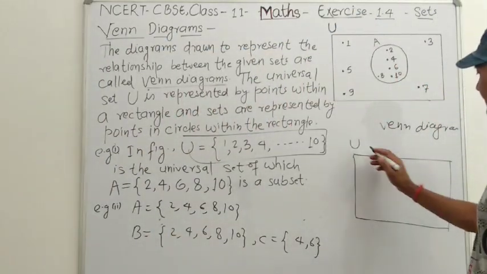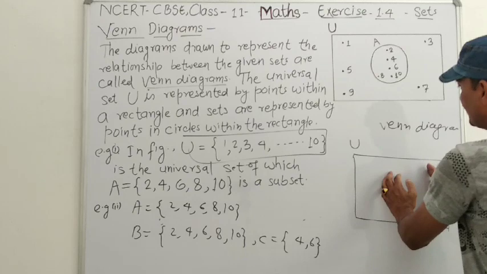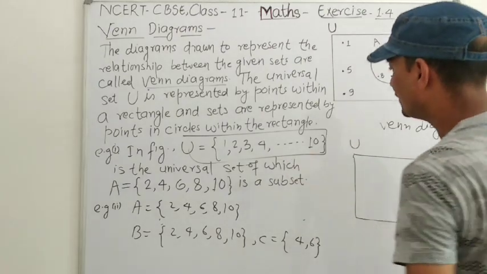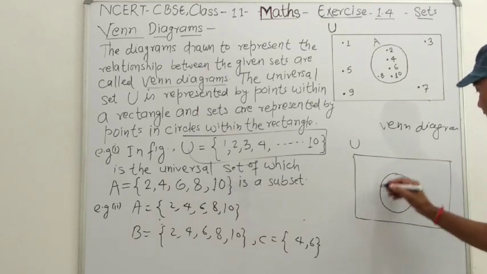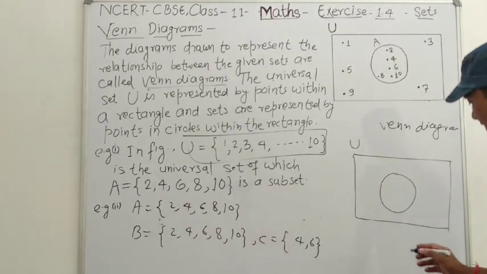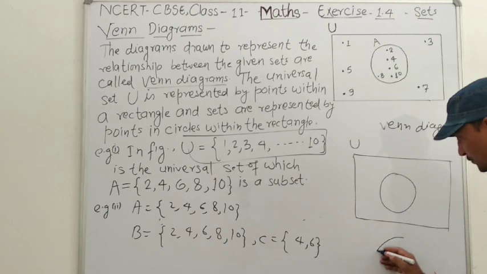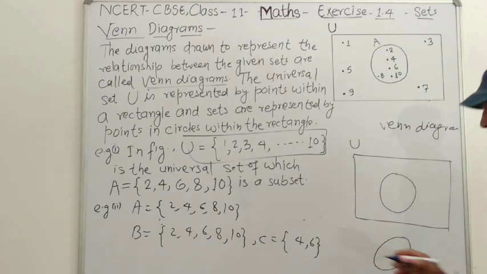So how to represent by Venn diagram? It is a rectangle, it is the universal set with all elements, and A is 2 4 6 8 10. A is made like this by a circle, otherwise we can also make an oval shape.